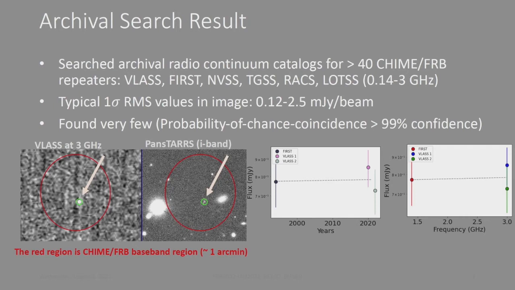However, here is an example of where we find a VLASS source. Here the red region is the CHIME/FRB region, and the green area gives you the position of the PRS. We could get a light curve and SED for these, and this shows a flat spectral shape, even though we are in the process of getting optical spectra with Gemini North in order to characterize the emission better.